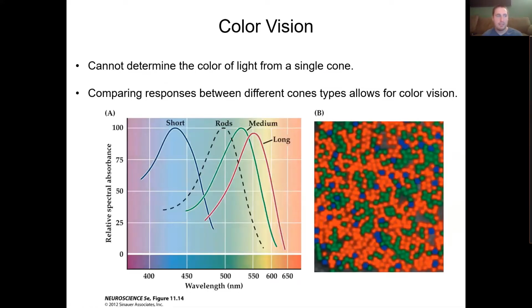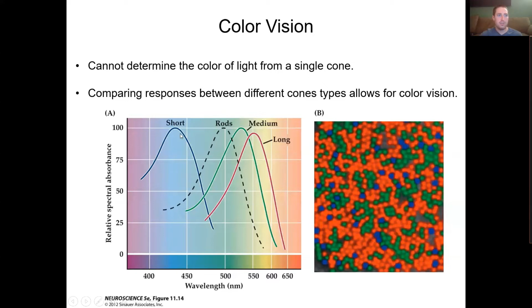Since I just mentioned the three different types of opsins in cones, it's worth talking about color vision. In humans at least, each cone only contains one of these three opsins, either the short, the medium, or the long. But our brains cannot determine the color of a light source from a single cone.